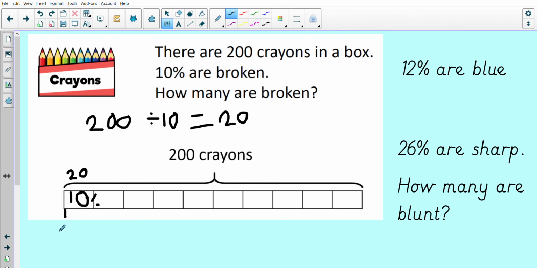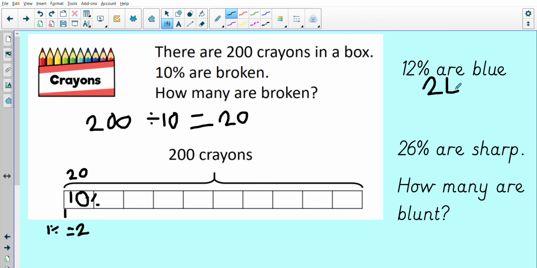So 1%, to divide that by 10. So 1% is worth 2. So how much is 12%? So I add the 20, 2 more would be 11%. So for 12%, it is 24.